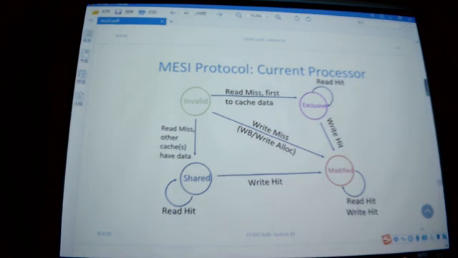Okay, we can see invalid, shared, modified, and exclusive. Yeah, this is MESI. We added the exclusive state. If we want to go from the exclusive state to the modified state, we must obey the condition write hit; this is a hit, not a miss.